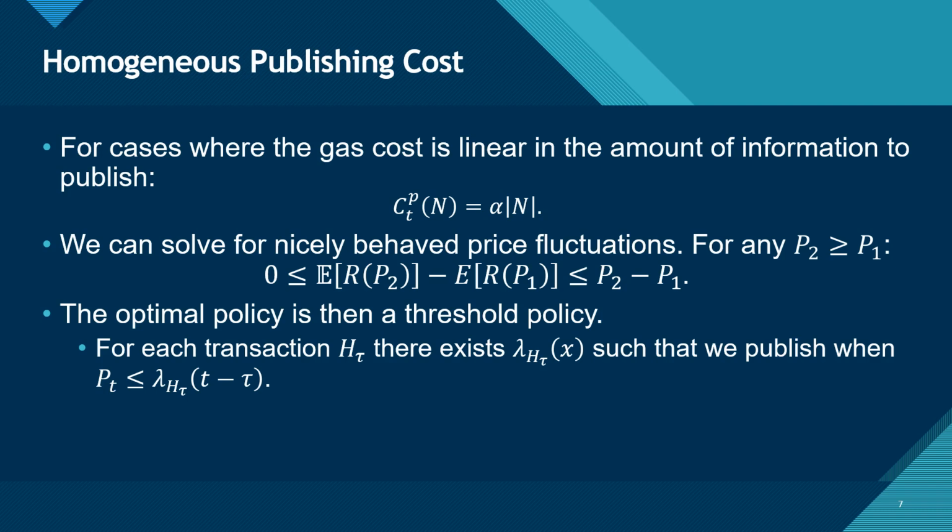What it basically means is if we have two different cases where one has price P1 and the other has price P2, and P2 is larger than P1, then we also expect the next time step to be higher after P2 rather than after P1. So RP2 is larger than RP1 if P2 is larger than P1.